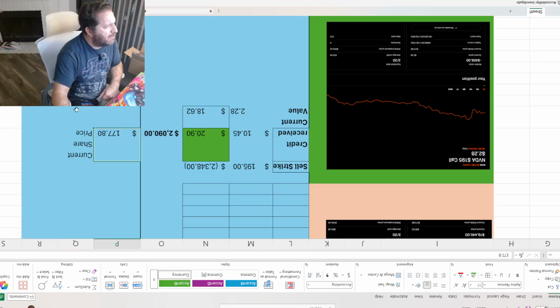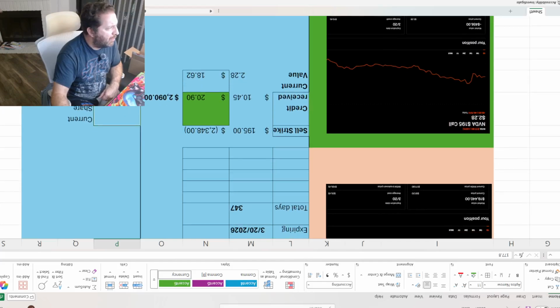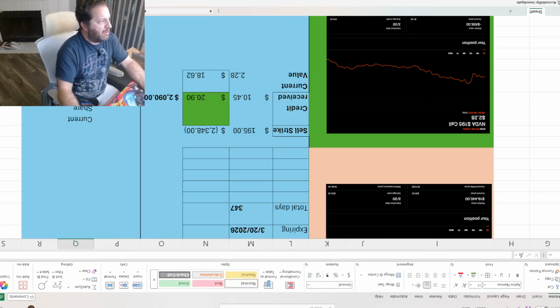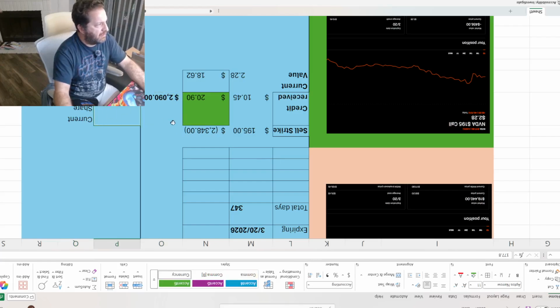Okay, and remember how, so we're going to have projected profit. And that's going to be merged text. And this is going to go like this. This is going to be part of an equation.